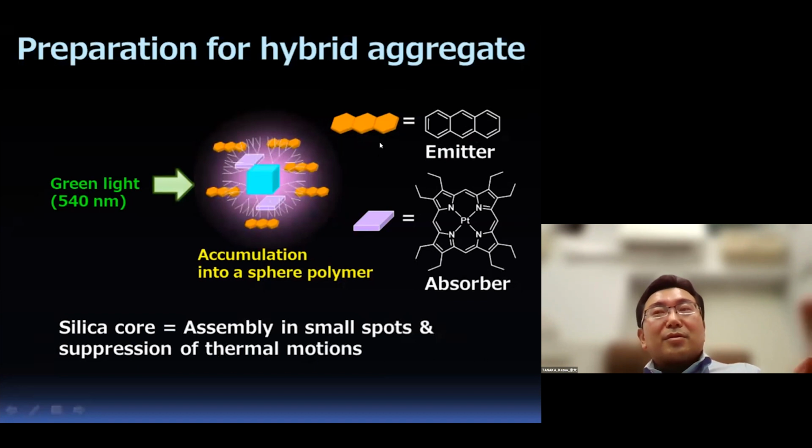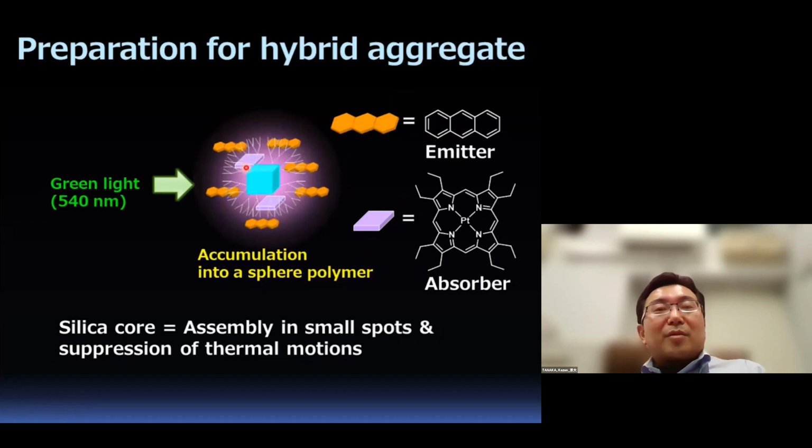This molecule has low solubility, and in this case we cannot obtain the up conversion effect. But by employing such a spheric polymer with a hybrid core, we can accumulate the emitting molecule and light absorber.